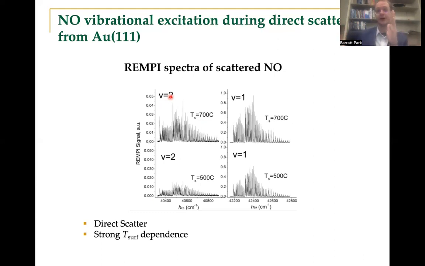You could consider the phonons of the surface transferring energy to the molecules, or you could consider excited electron-hole pairs transferring their energy to the molecules. But like we talked about last time, the structure of the phonons is very different than the structure of the electronic degrees of freedom.